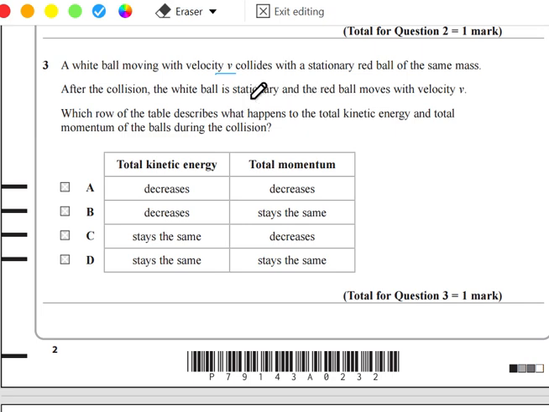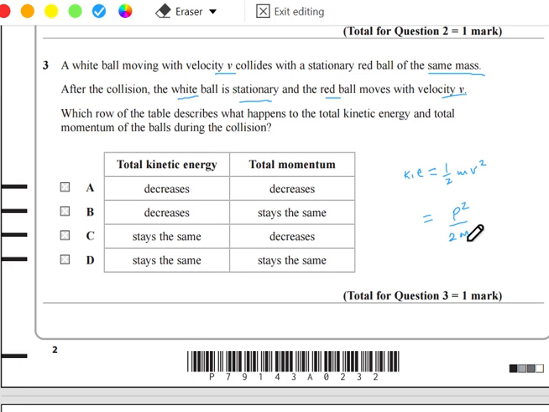After collision the white ball becomes stationary but the red has V. This means that momentum is totally transferred from the white to the red ball, especially as both of them have the same mass, and also this means that kinetic energy is totally transferred, because kinetic energy is half mv squared and can be written as momentum squared divided by 2m.